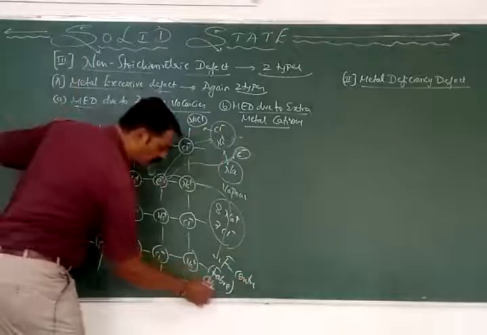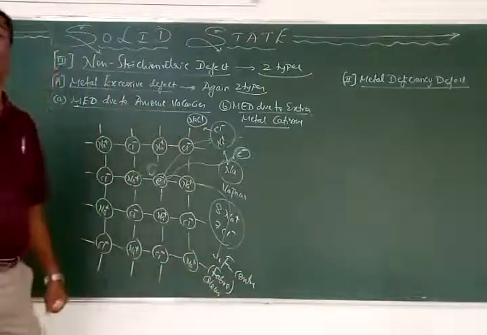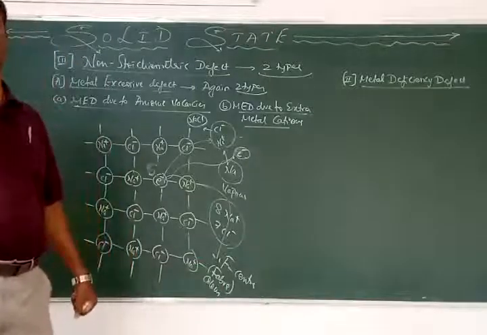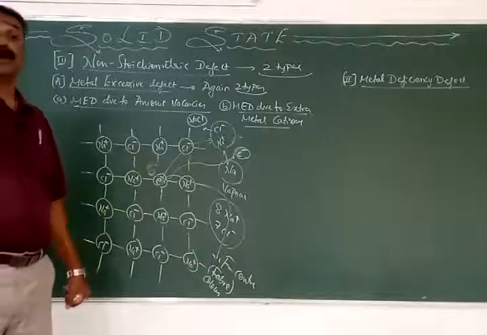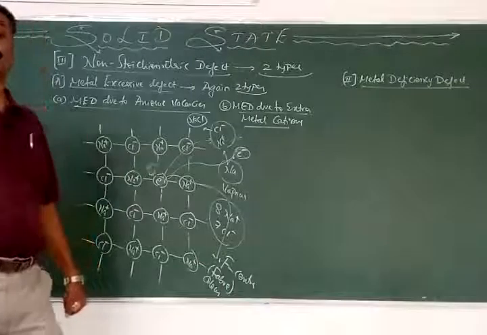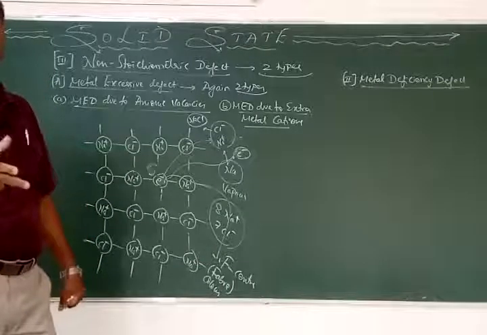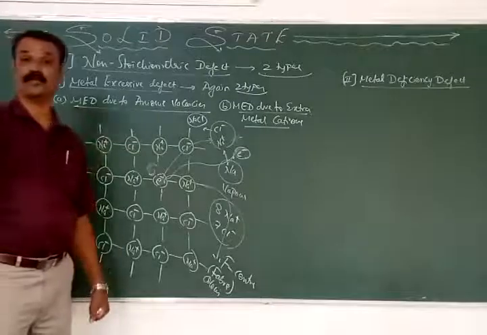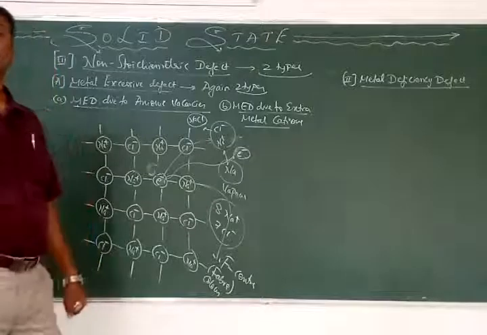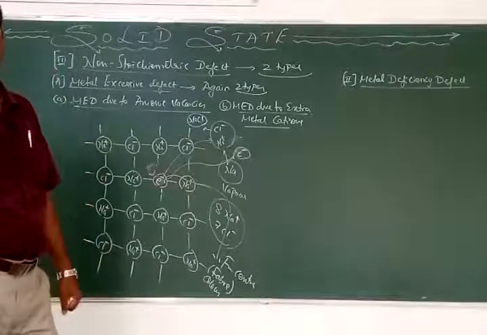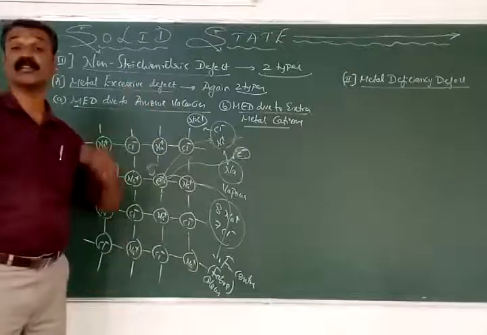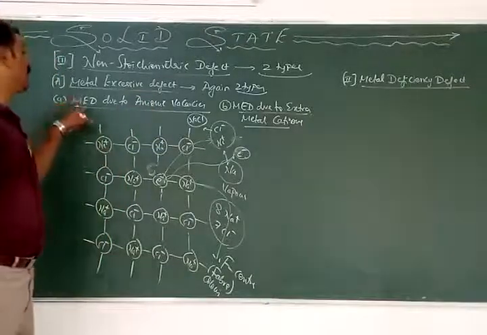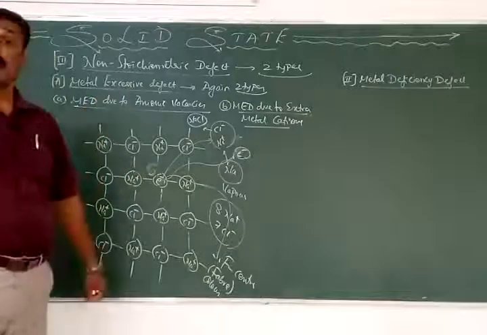It gives a golden yellow color to sodium chloride, because the freely moving electrons get excited to a higher state. They become highly unstable and emit radiations falling in the UV and visible region, which gives a golden yellow color. So sodium chloride on heating gives the golden yellow color because of the creation of anionic vacancies. That is why it is called a metal excessive defect, but it is due to the what?